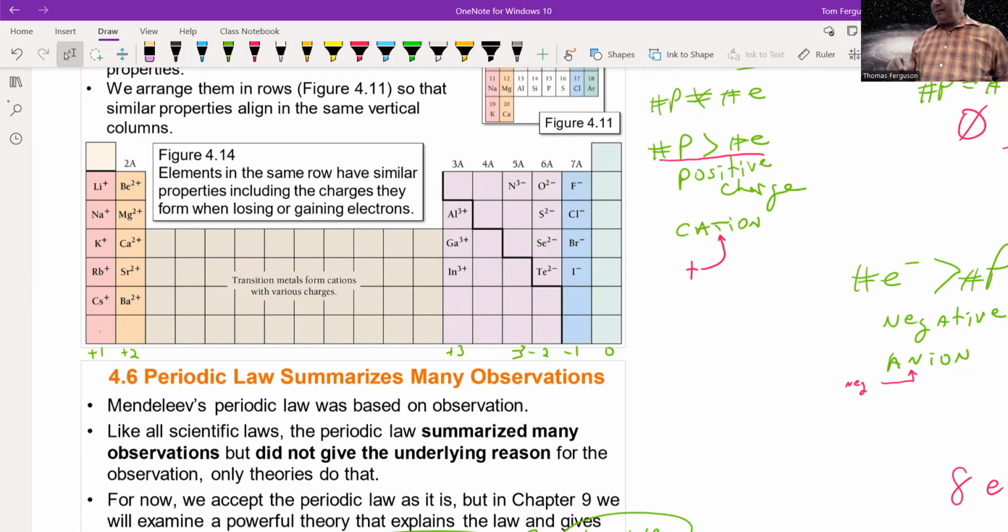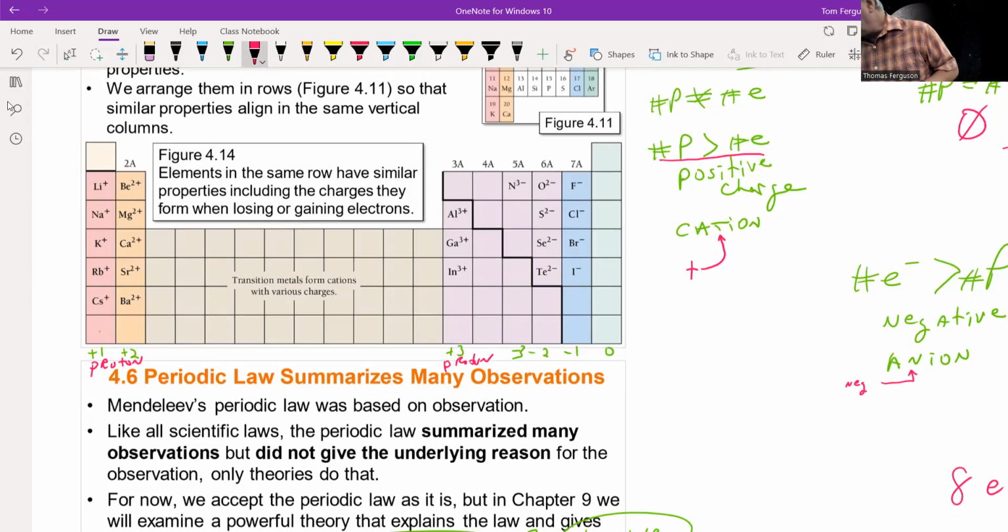Okay, so on the periodic table, we mentioned this before, the cations are going to have one extra proton if it's this one. Two extra protons if it's the alkaline earth metals. Three protons if it's the boron family.